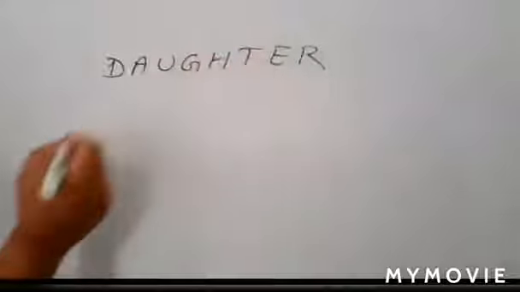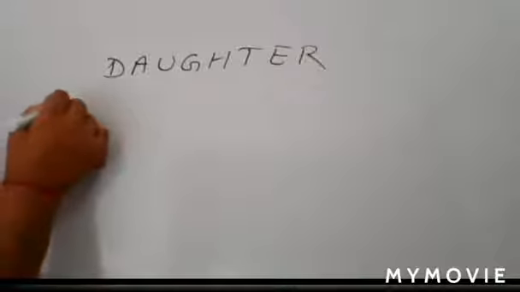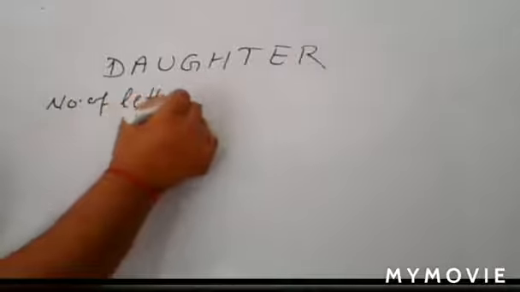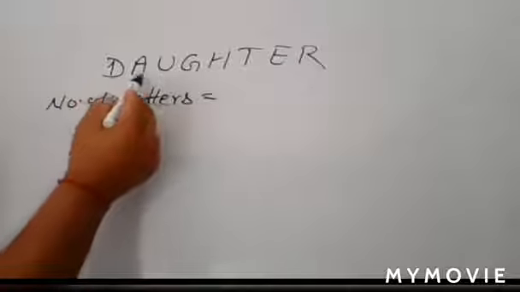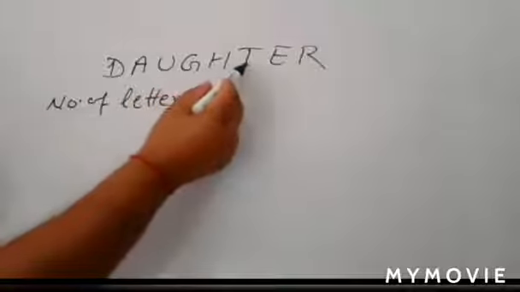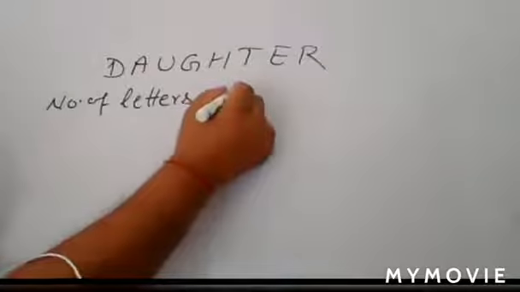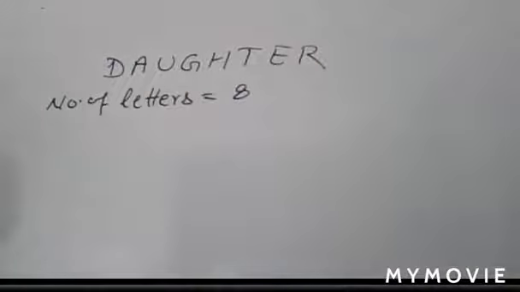So first of all, you count the number of letters. Number of letters is 1 2 3 4 5 6 7 8. So here you have 8 letters.